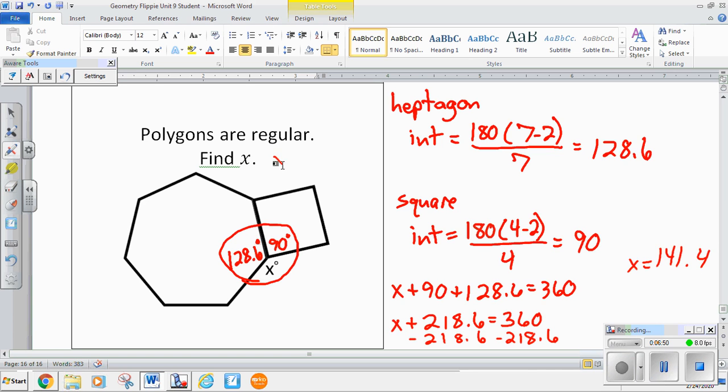So x equals 141.4. Look where the x is in that circle of angles, find each angle, then add them up to 360 and solve for x.